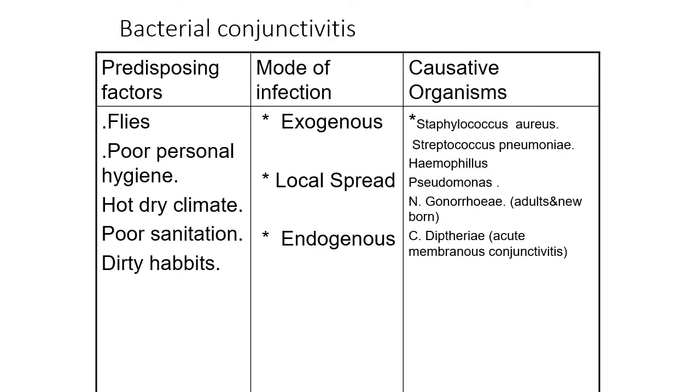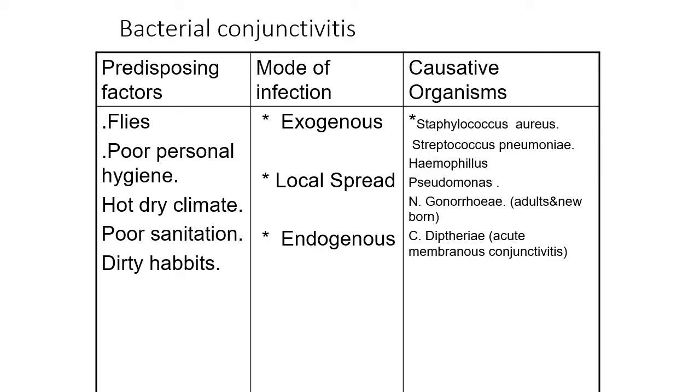So you can make a tabular form of predisposing factors for bacterial conjunctivitis, then mode of infection and causative organisms. Predisposing factors are flies, poor personal hygiene, hot dry climate, poor sanitation and dirty habits.